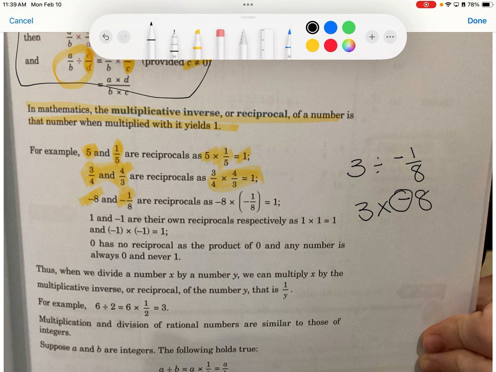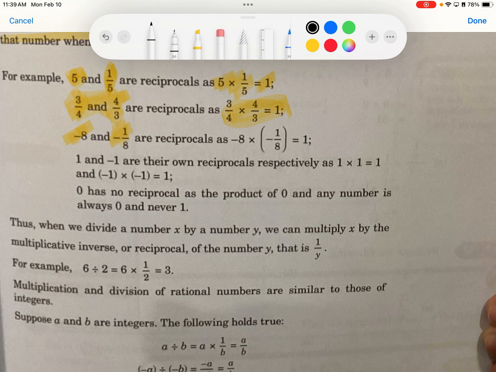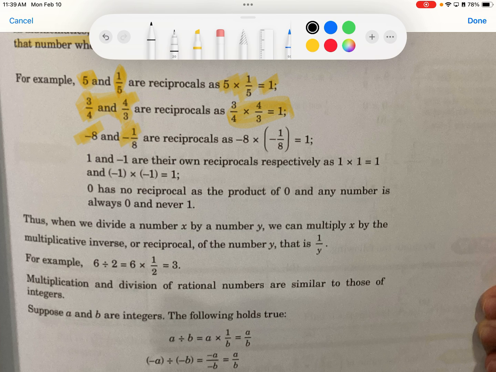You need this negative here because when you do 3 times 8, it has to be a negative. Does that make sense? Yes. Okay. So 1 and -1 are their own reciprocals, respectively, as 1 times 1 equals 1 and -1 times -1 equals 1. 0 has no reciprocal, as the product of 0 and any number is always 0 and never 1.